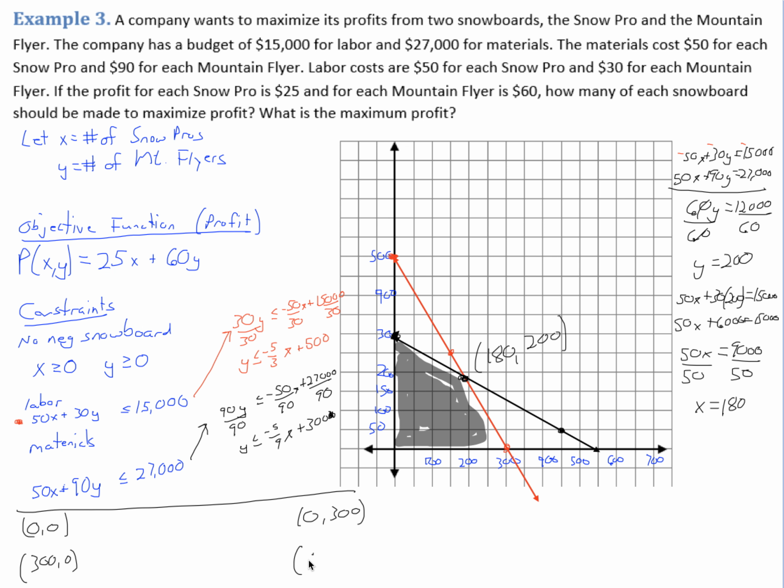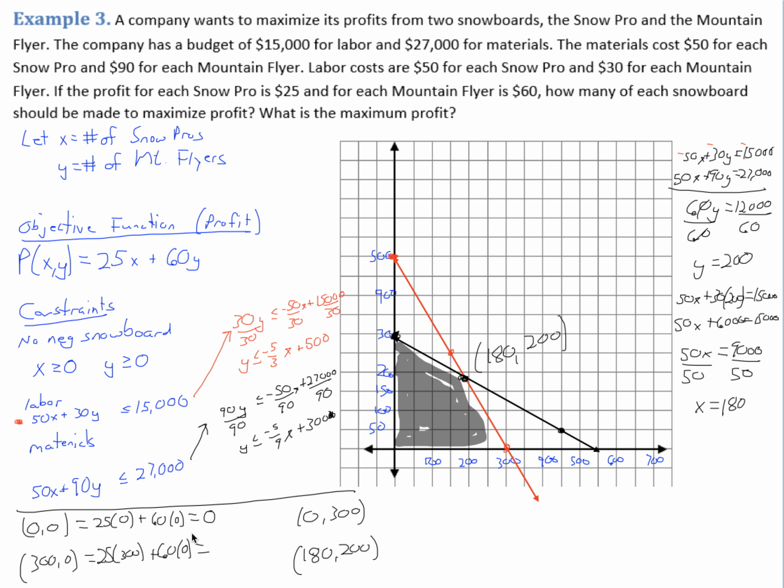So the maximum will occur at one of these 4 points. And so what we're going to do is come back to our profit function and plug in. Well, this one is going to be 25 times 0, pretty obvious, plus 60 times 0 is going to be 0. You're not going to make any profit if you don't make any boards. Makes sense. Next one, 300, 0, so we're going to have 25 times 300 plus 60 times 0.